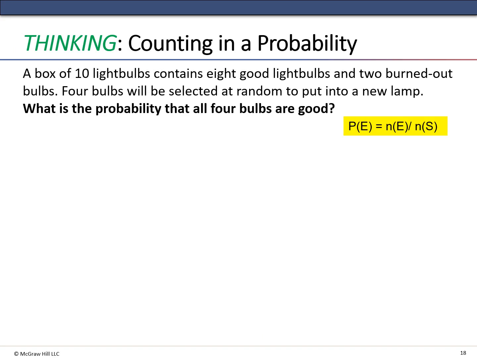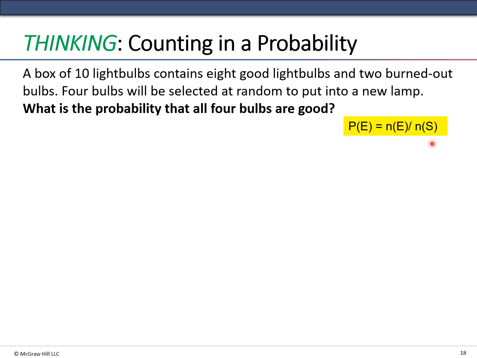All right, so let's look at another problem. How do we use this counting in order to make sure that our calculations of probability for events is accurate? So see if you can try this. Remember that the basic probability of an event is equal to the number of outcomes in the event divided by the number of outcomes in the sample space.